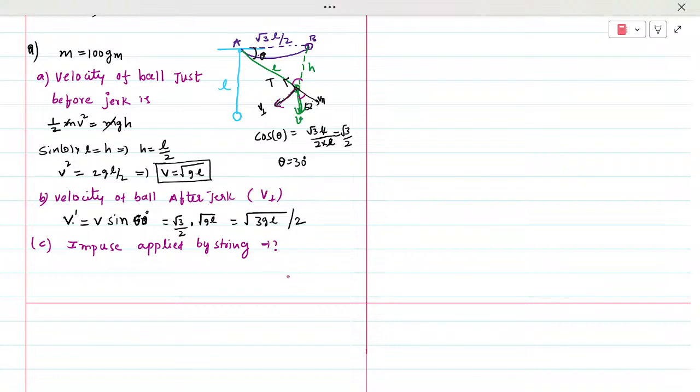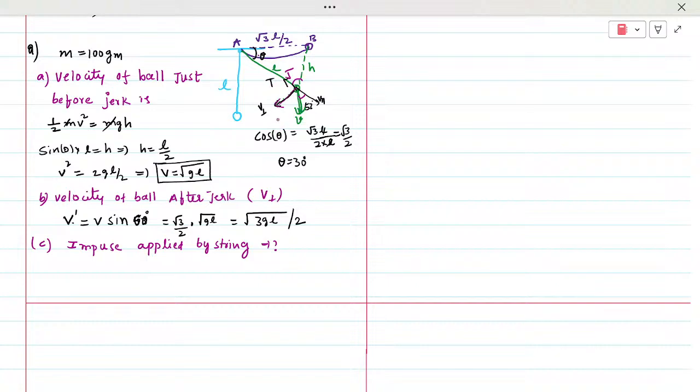So now here you have to take the impulse equation. Along this direction, the tension direction, the impulse will be taken. So now J is resolved into components.